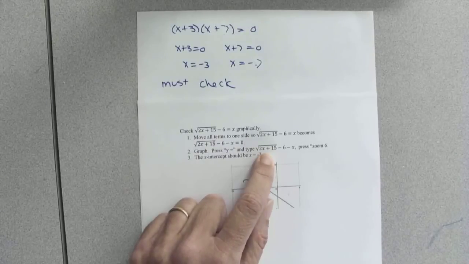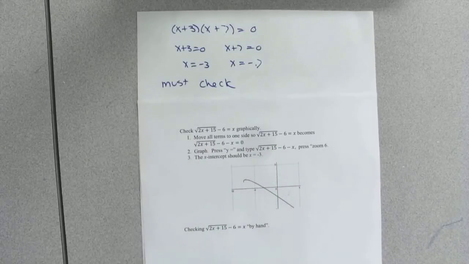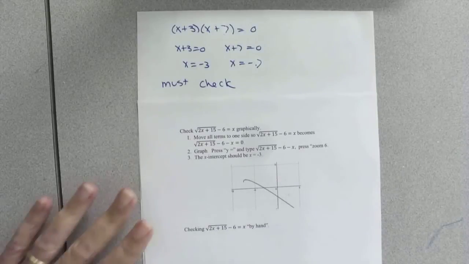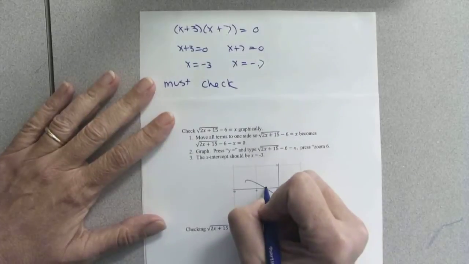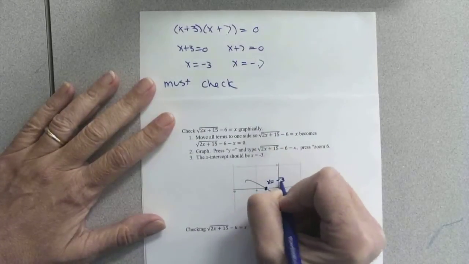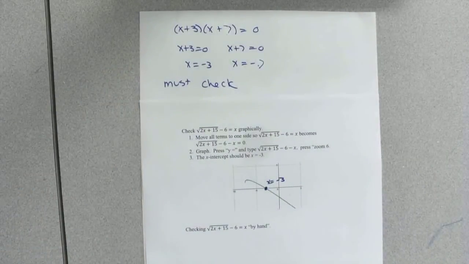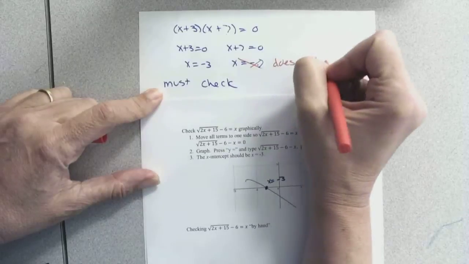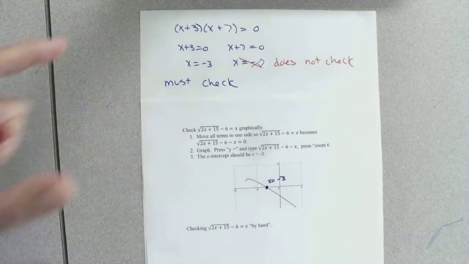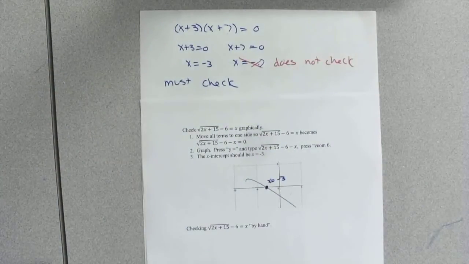That just depends on the calculator. I move it all over to one side, type it in, and then I check it. And notice we get just one x-intercept, x equals negative 3. And so the answer, negative 7, does not check.